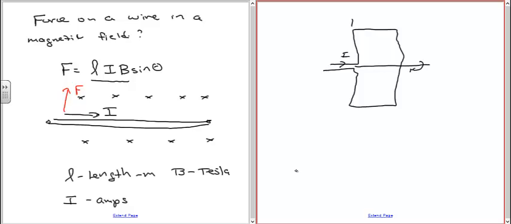And this has some dimension, let's say A, and this has some dimension B on this axis. Instead of looking at the force for this, because you're rotating around an axis, the maximum torque is going to be equal to the current times the magnetic field times the area.